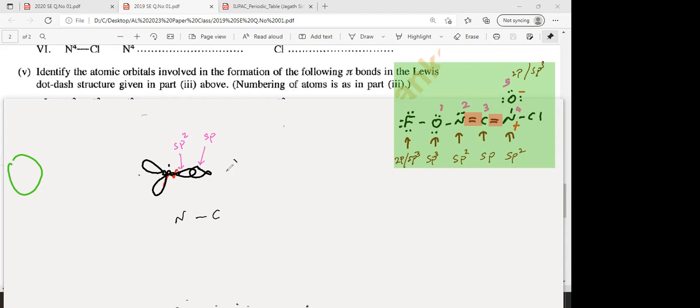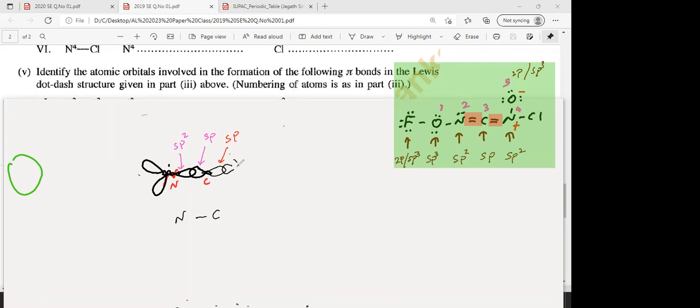And again there's one more sp in here, on this side, the other sp. Look at the screen. This is the other sp, of this carbon atom. Here carbon C, and here the nitrogen N. And on this side also there's a nitrogen with sp2.